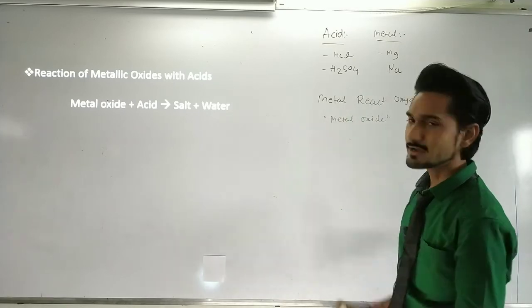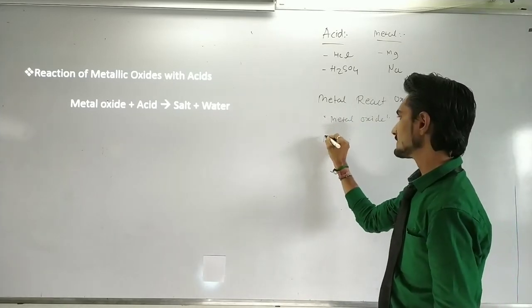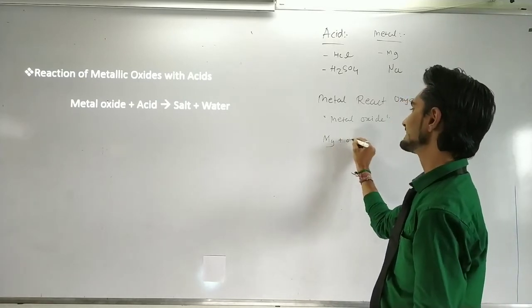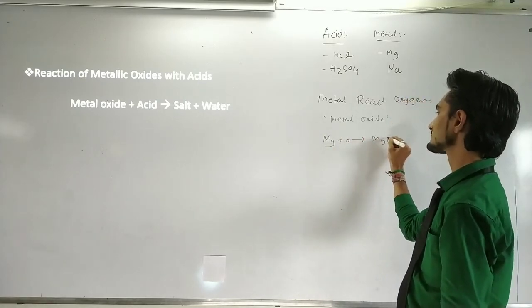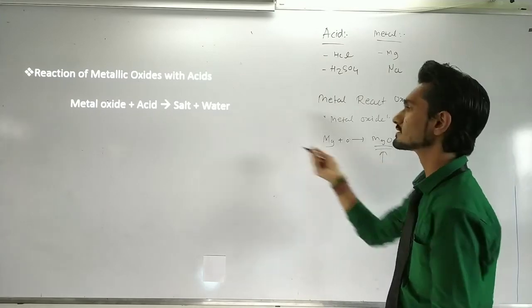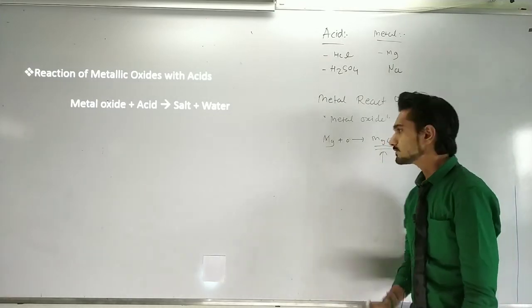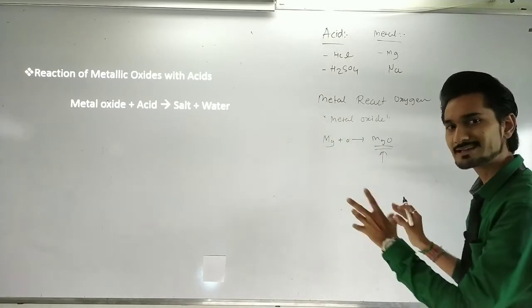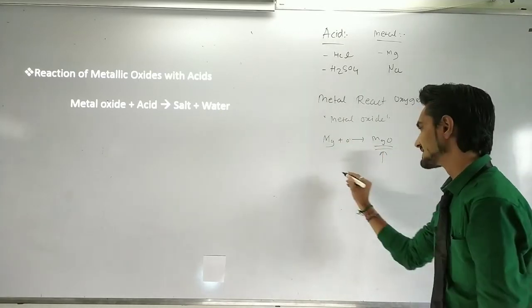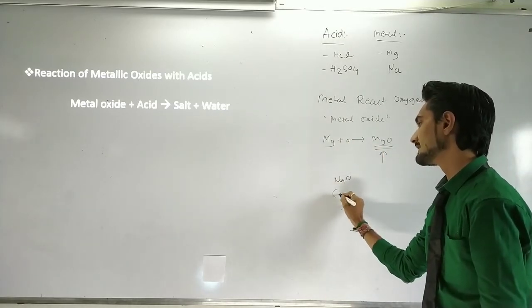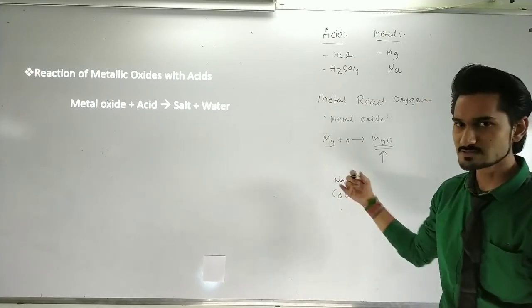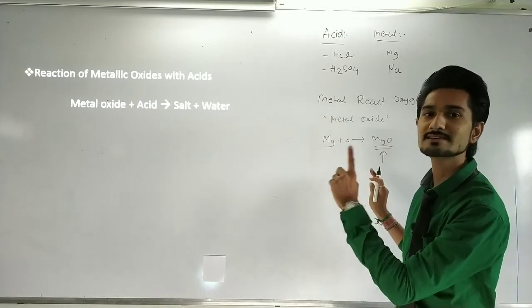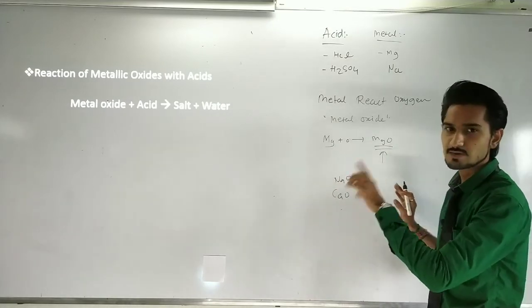Suppose I take magnesium, for example, and react it with oxygen, it creates magnesium oxide. This magnesium oxide is known as a metal oxide. You can take whatever metal and combine it with a single molecule of oxygen, it creates the metal oxide. You can take NaO, you can take CaO, whatever substance you want to create. You have to attach only a single molecule of oxygen with it, then it generally creates the metal oxide.